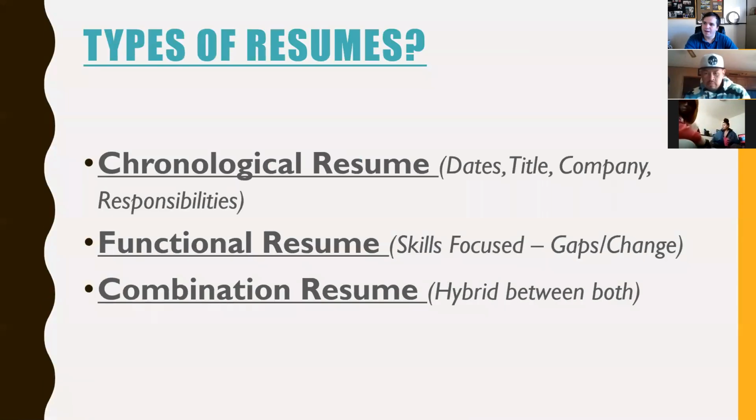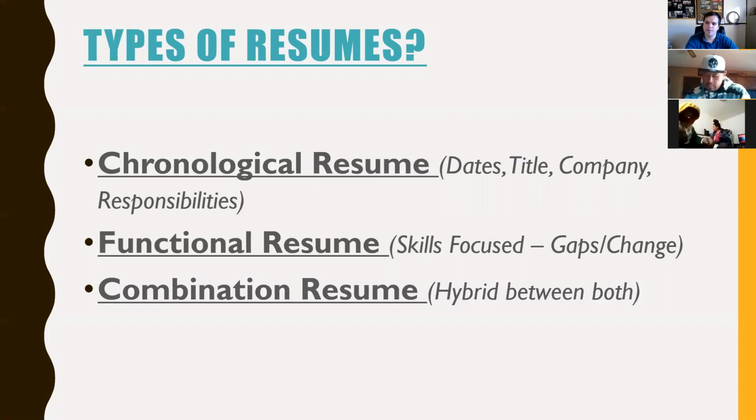When we look at resumes, there are basically three major types. The most common is the chronological resume. Chronological resumes will include things like dates, titles, the company that you worked for, responsibilities, things of that nature. A functional resume is going to be a lot more skill focused, so you're not going to include things like dates.